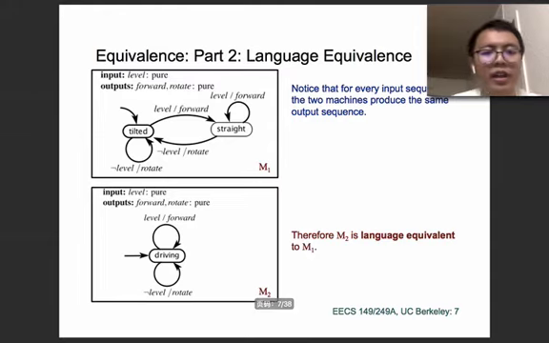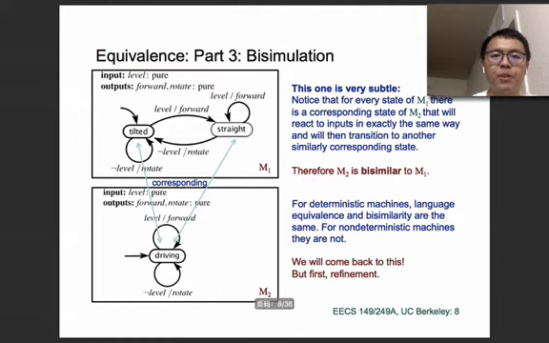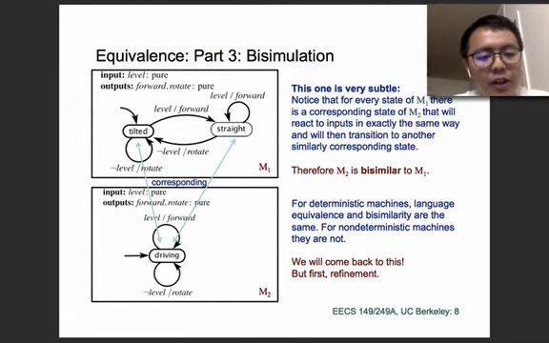The second is the language equivalence, as I mentioned before. Notice that for every input sequence, the two machines produce the same output sequence. So that's the notion of language equivalence. The third one is simulation, and in this case bisimulation.